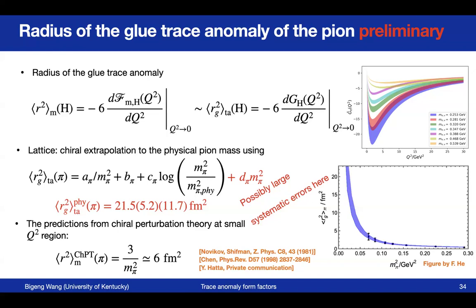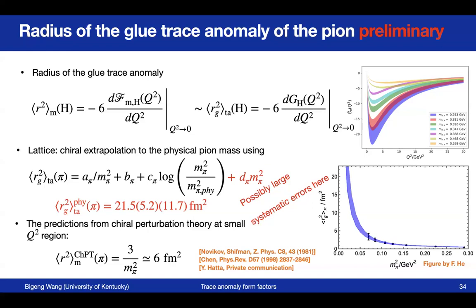Whereas Chen and Savage used chiral theory, in which they define the trace anomaly, and got the same expression. Hatta, when he visited here, used the gravitational form factor yet another way and got the same expressions. So they use some chiral argument, but only Chen's paper is purely chiral.